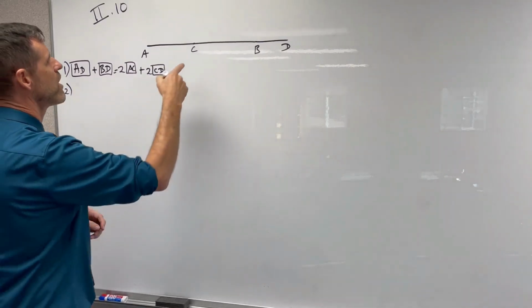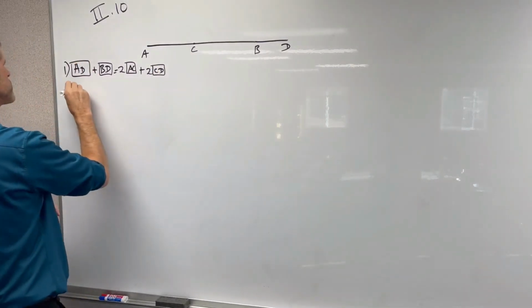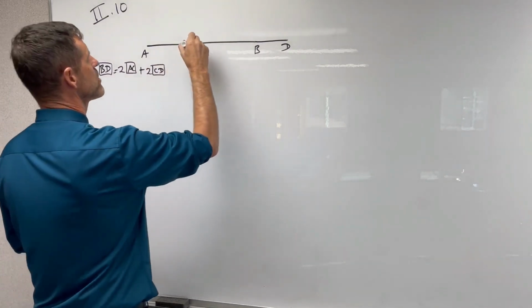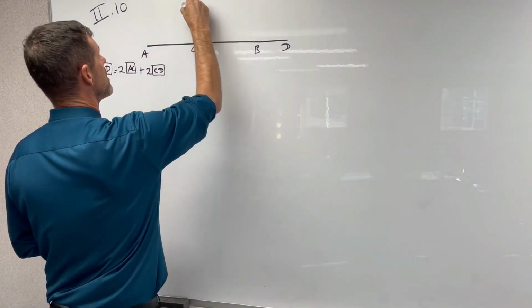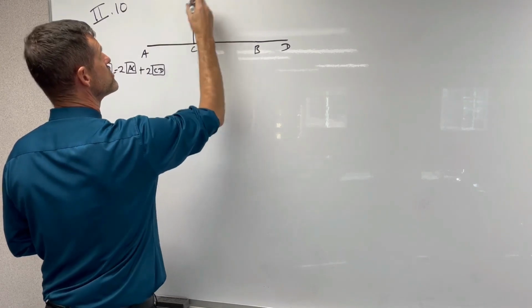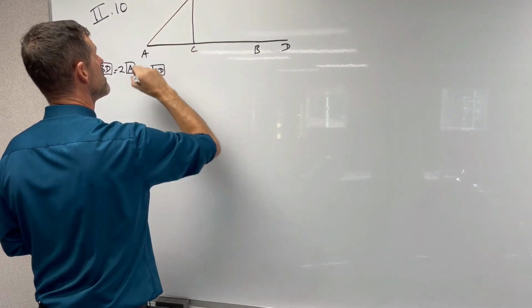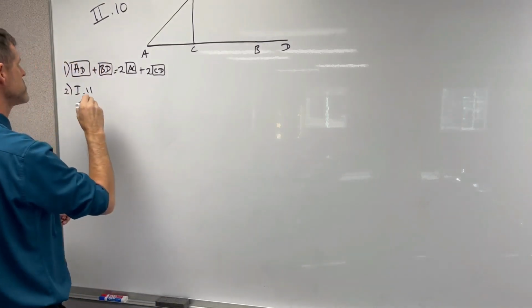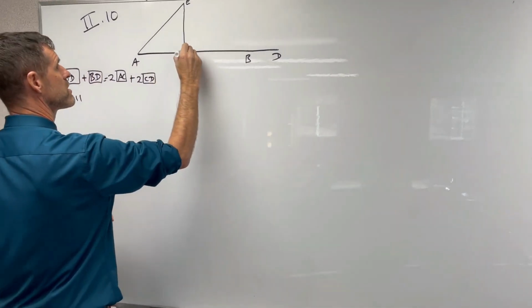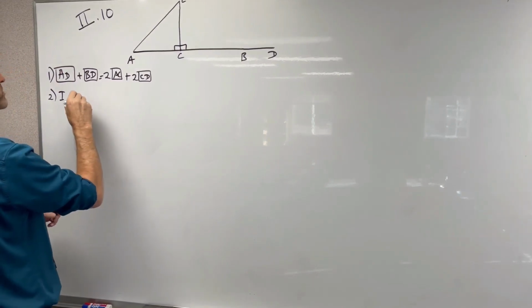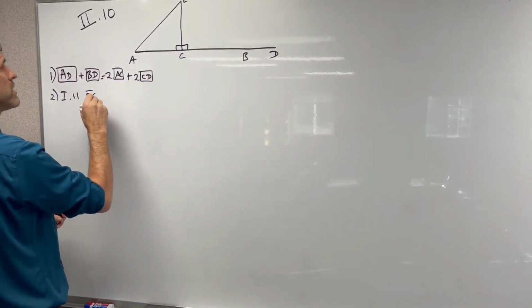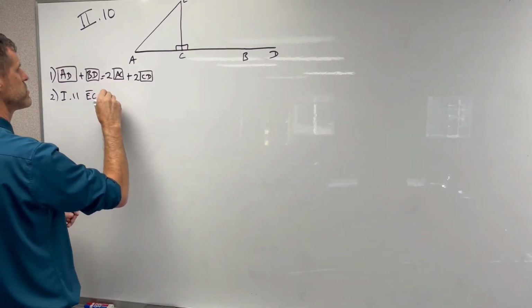Step 2, we draw from C using Proposition 11 of Book 1. We're going to draw from C a line, call it CE, and we'll connect to AC, and we draw it perpendicular. That's from Proposition 11, so EC is perpendicular to line AD.